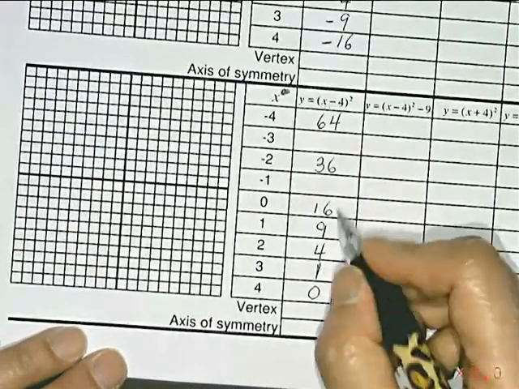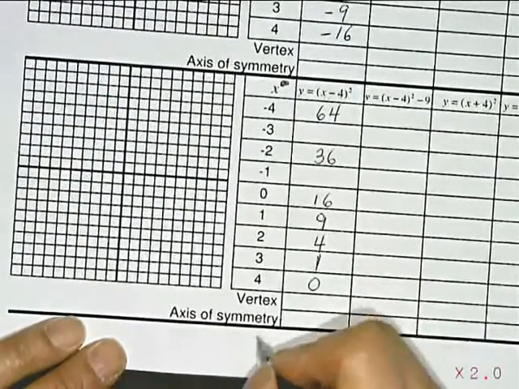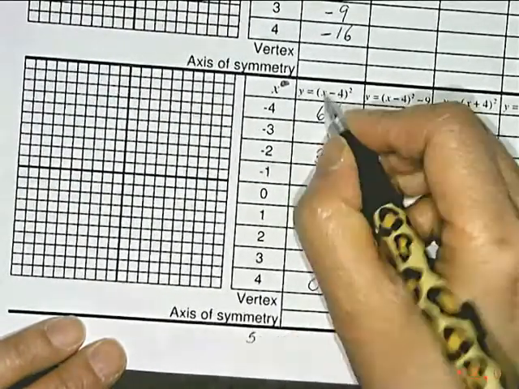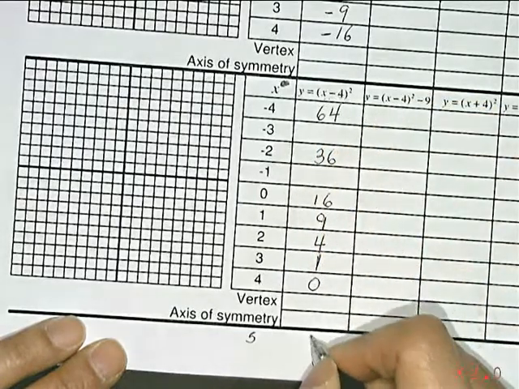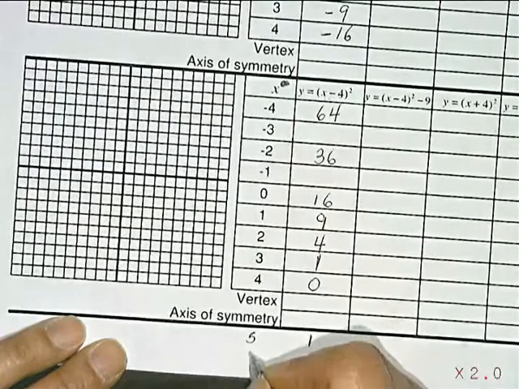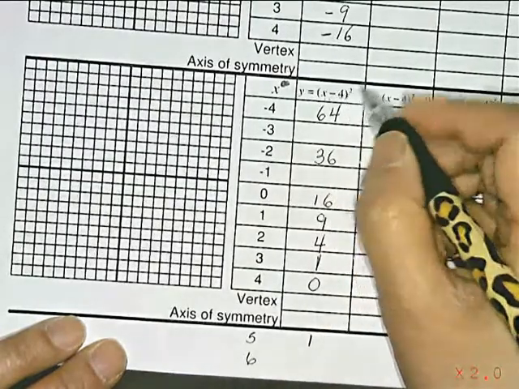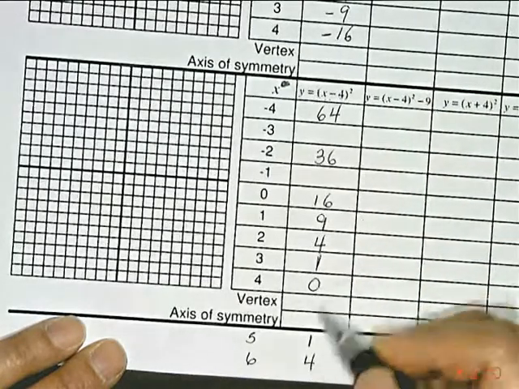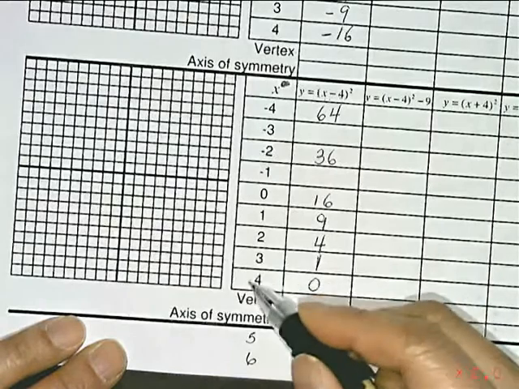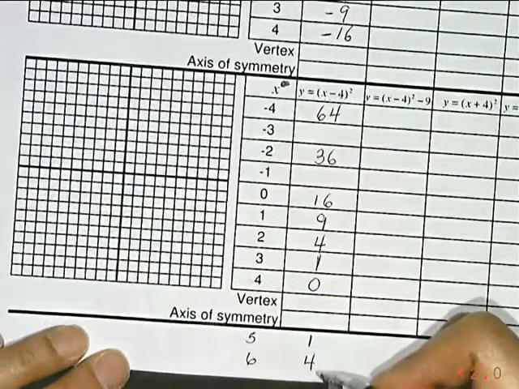If x were 5, 5 take away 4 is 1, and then squared is 1. 6 take away 4 is 2, and then squared is 2 times 2, 4. So it looks like our bottom value is going to be at 0, and it's going to swing back up again. So let's graph these points.